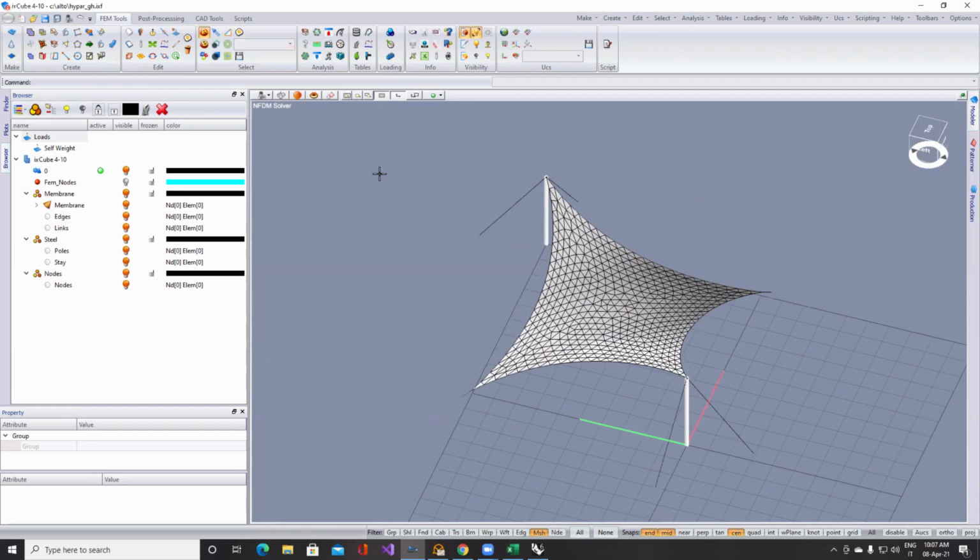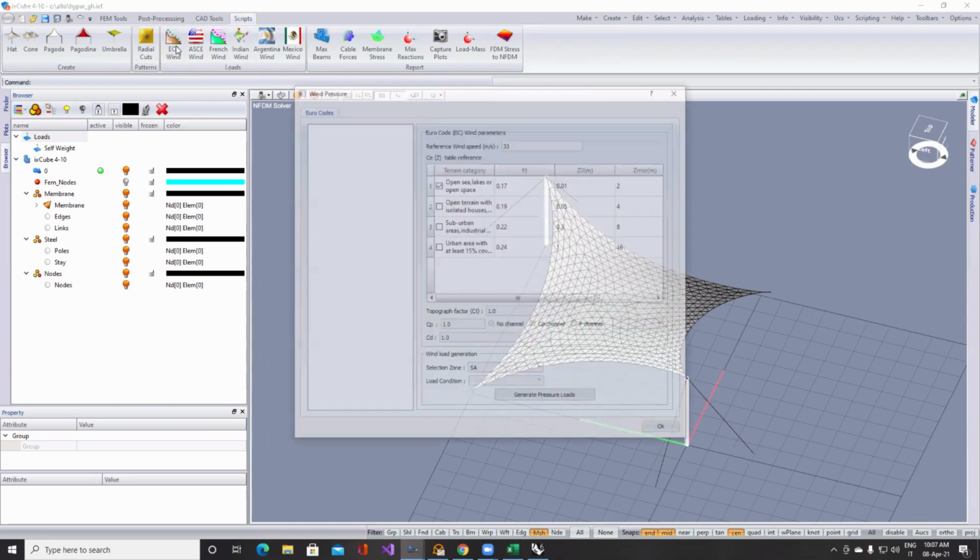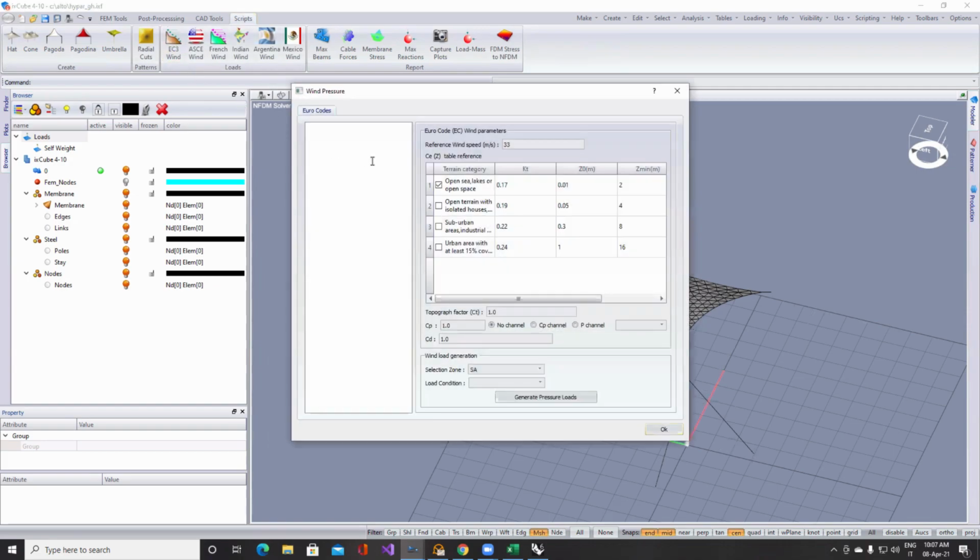What we want to do now, well, in the scripts, we have these nice wind load tools. So I am going to recall the Eurocode wind load. The Eurocode wind load is asking for the wind speed, 33 meters per second, the zone, the terrain category, and we are going to use urban area.